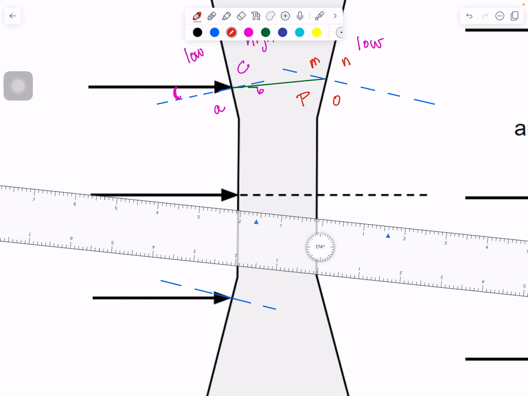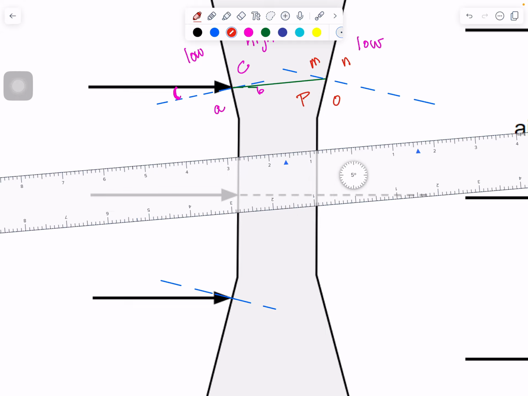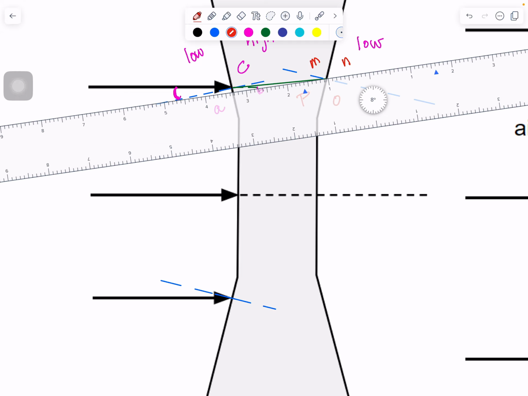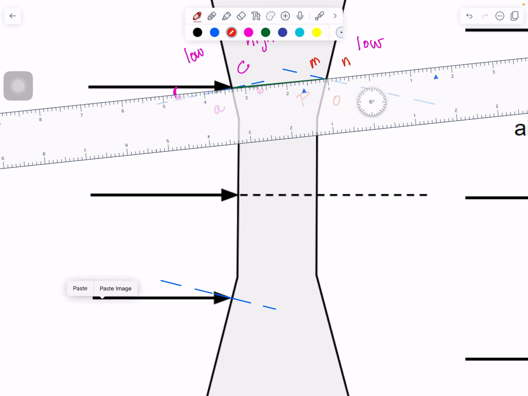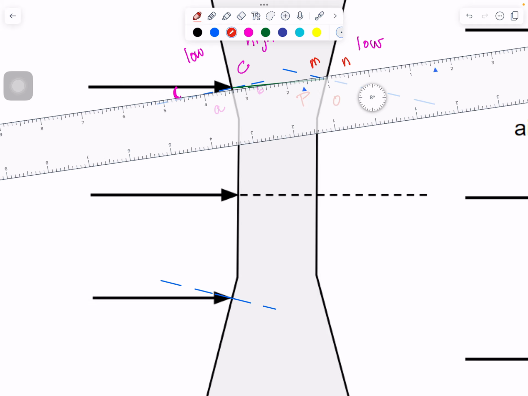And the answer is it's going to go to N. So again, if it was going to go straight through, it would look like this. Am I bending towards the normal or away? And the answer is I am bending away.